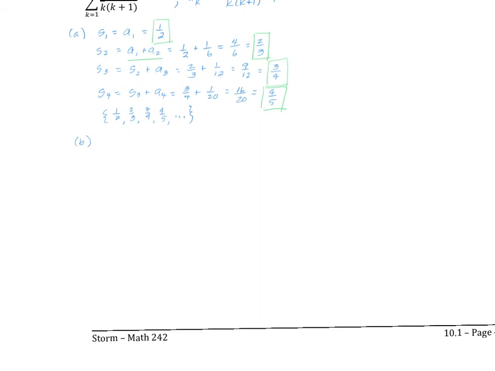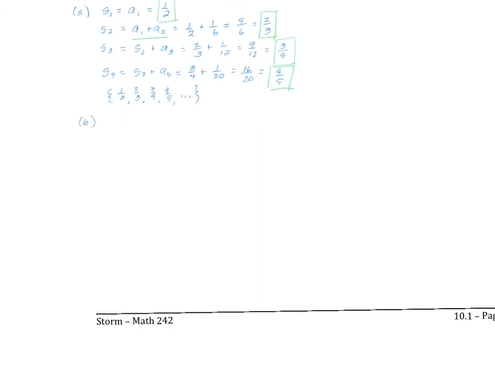And I can see what the pattern is. This is my S sub 1, S sub 2, and so on. Notice that my index, sub 1, sub 2, sub 3, sub 4, sub 5, is the numerator.